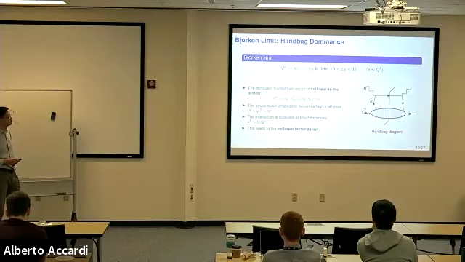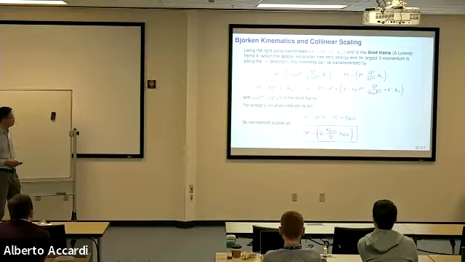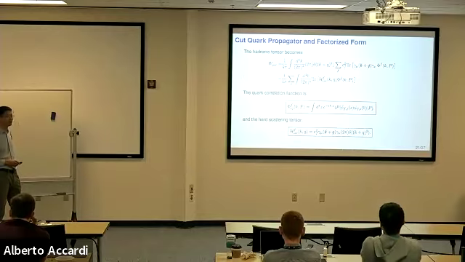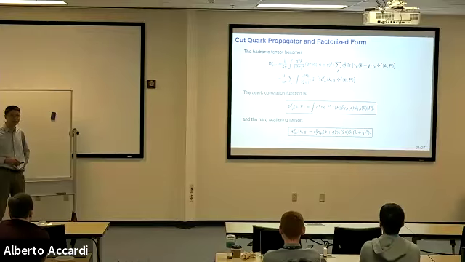As I said, in the Bjorken limit, people made their careers proving that this is the leading diagram. In the Bjorken limit, you should focus on that. Okay, how many of you are familiar with light cone notation? Okay, very few.